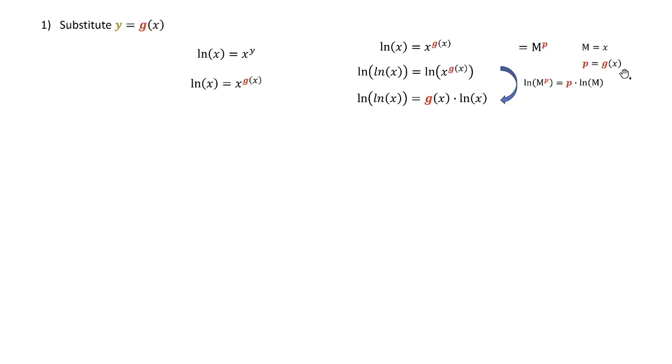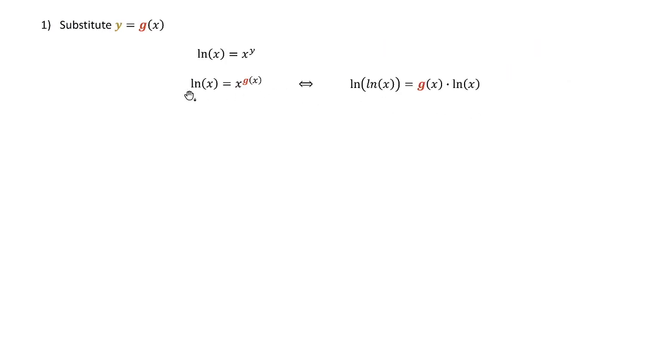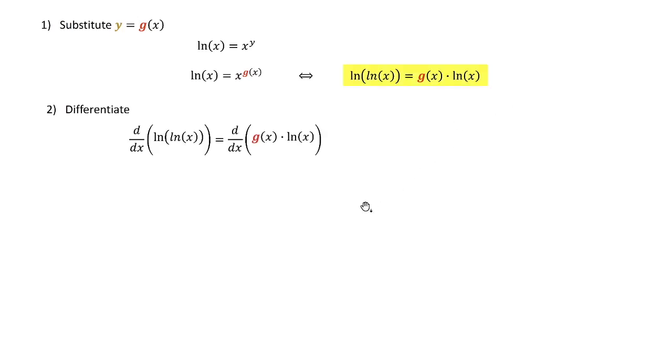Again, I don't know what g of x is, but it is a function of x. So I'm going to instead do the logarithm of both sides. And now I'm going to do implicit differentiation. Okay, so let's just jump in and see how we do with this.